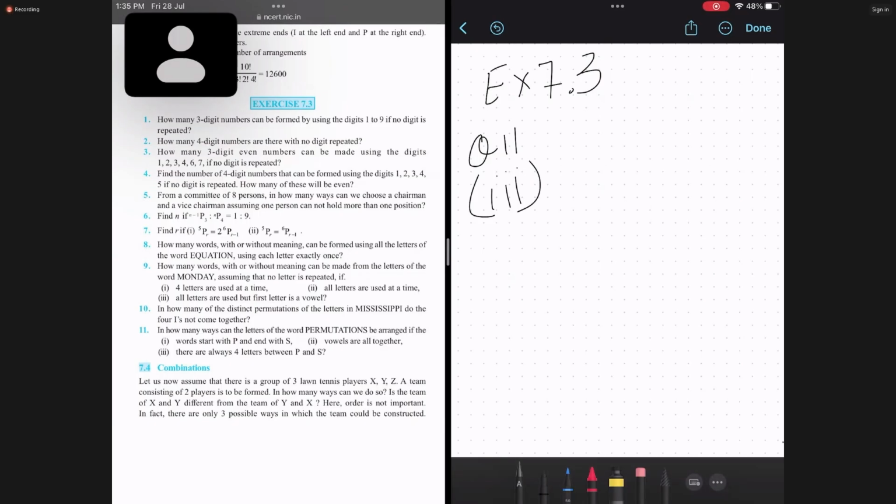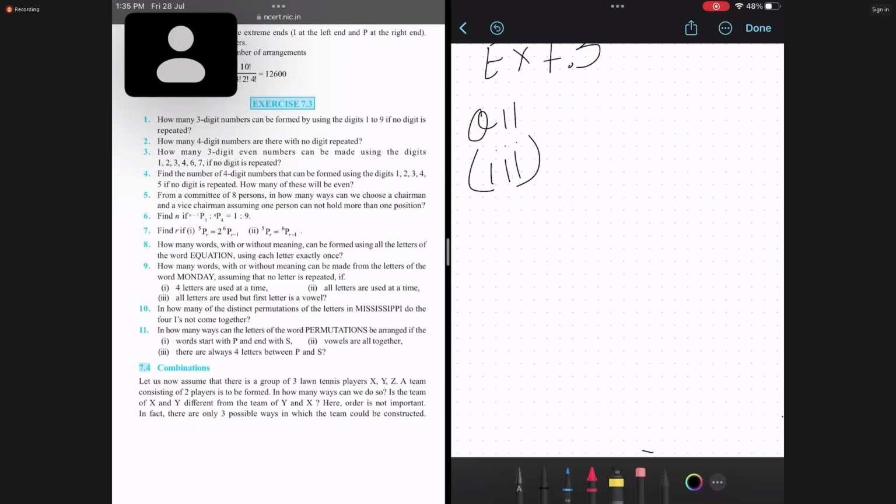But suppose you keep P at the first place. I'll just write their positions. If P is at the first place, then the position of S is fixed: 2, 3, 4, 5, so it is at the 6th place. Correct. If P is at the 2nd place, S is at the 7th place. Now, how do I know that?